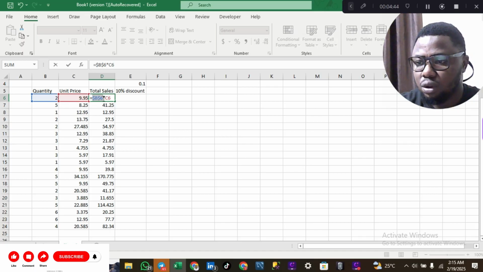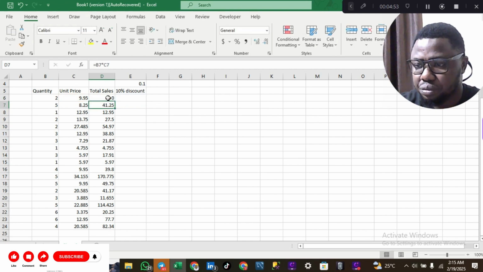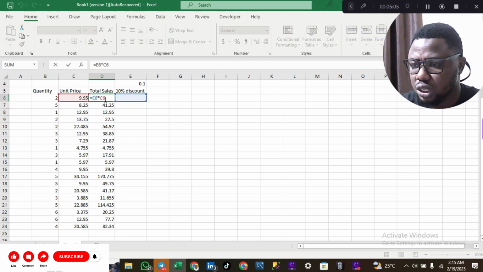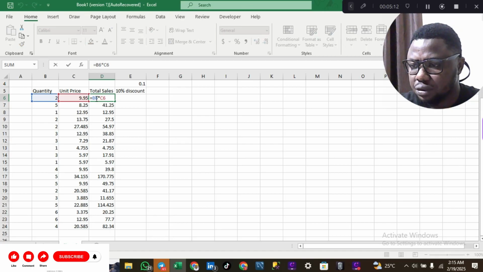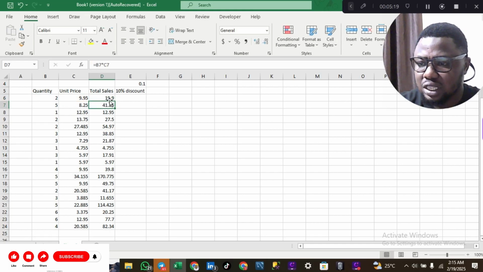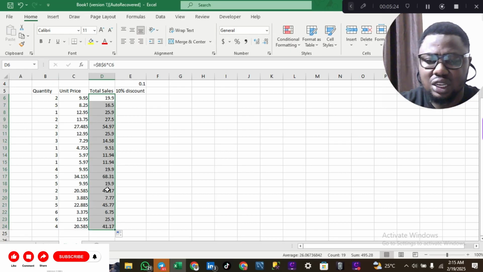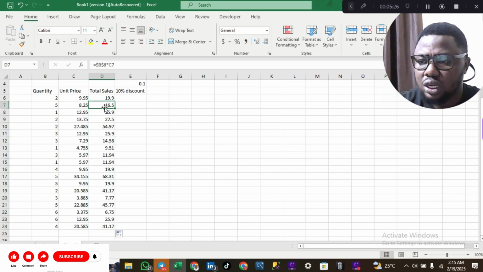So if I'm locking column B and row 6, all my calculations will be concentrated on it. So if I do this kind of referencing, the first answer is correct normally. But when you now go down, you see the answers have changed. Why? Because there is no change.